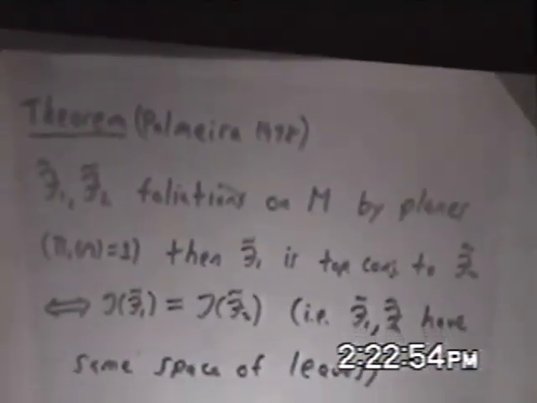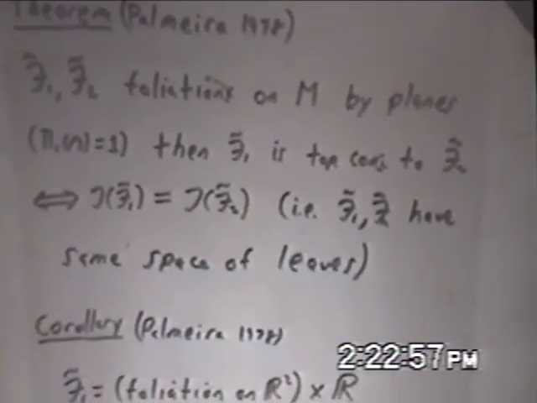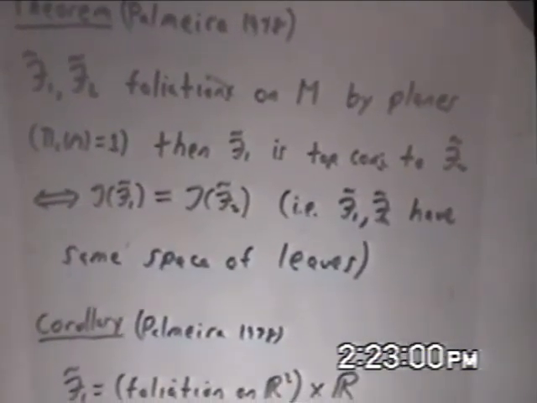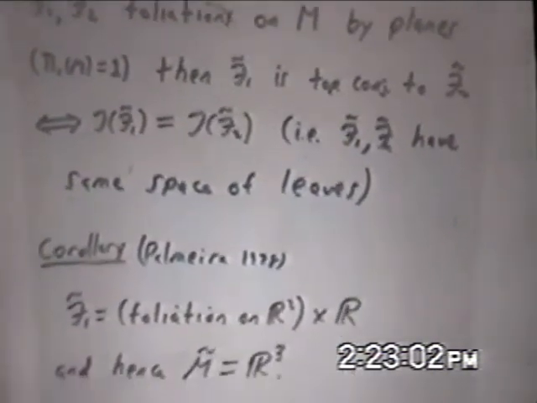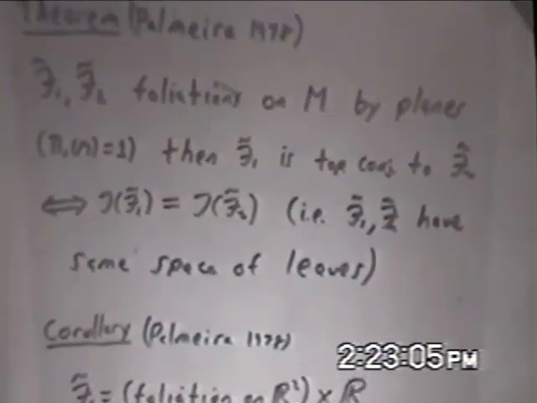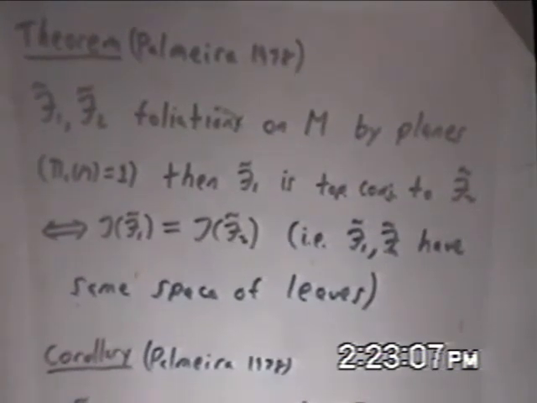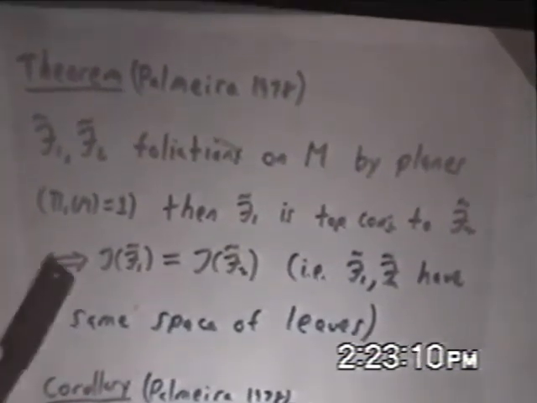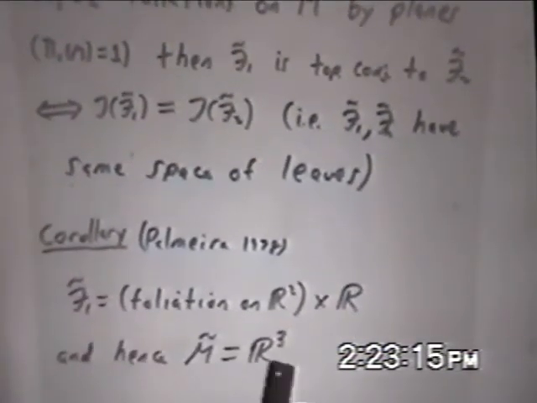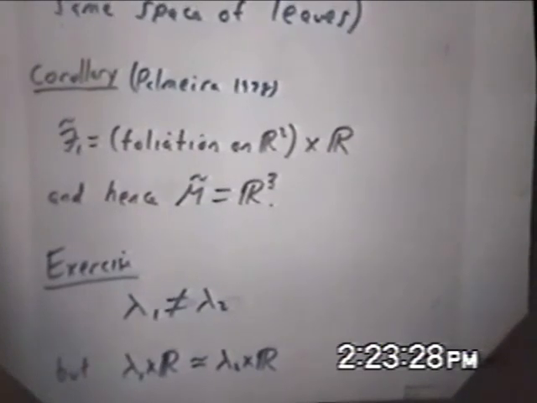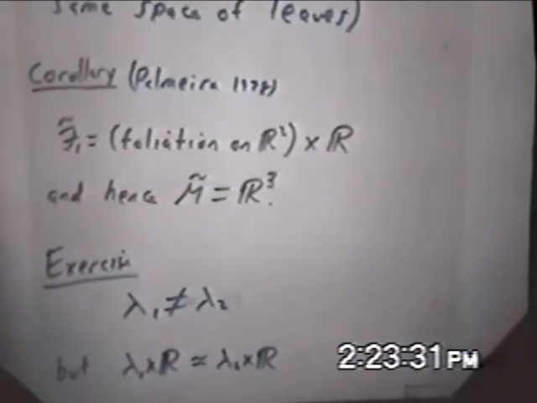So if you start with any foliation of, say, a three-manifold by planes, here's another foliation of a three-manifold by planes with the same space of leaves: start with the original foliation, look at its space of leaves, then apply Haefliger or Reeb to find a foliation of R2 with that same space of leaves, and just take the product foliation. So Palmeira says these two have the same space of leaves, therefore they're topologically conjugate.